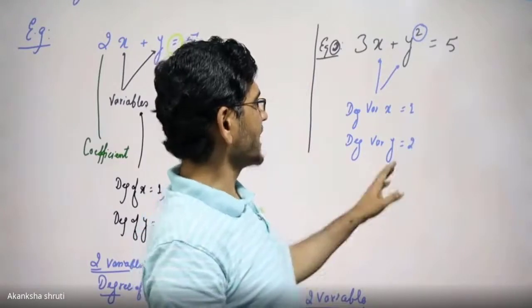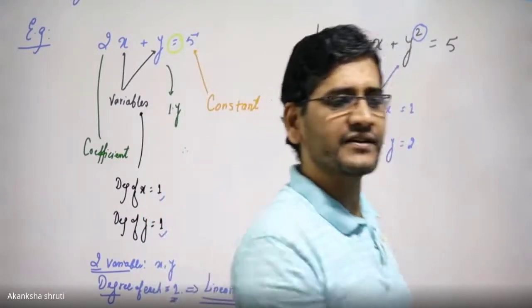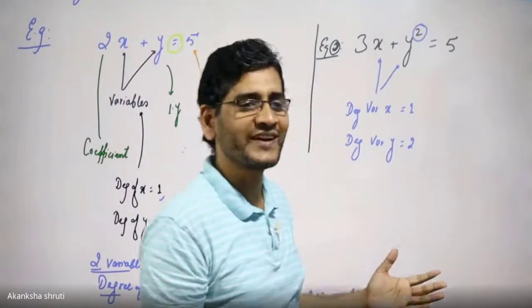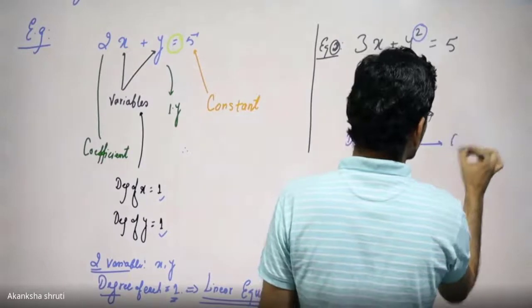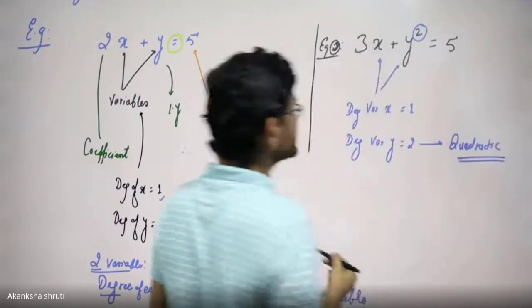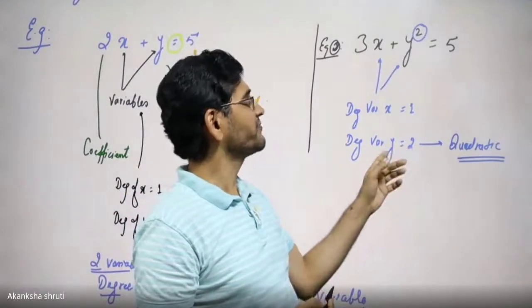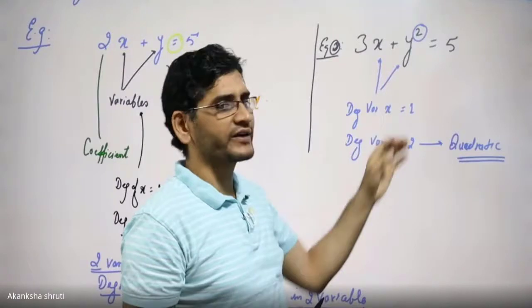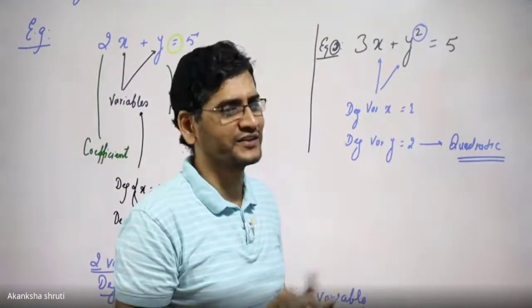Here we get that the highest power is 2. So it will no longer be linear, it is called quadratic. That we have learned in our chapter number 2. So the entire equation is decided by the highest power of the variable. So it becomes a quadratic equation in two variables rather than a linear equation in two variables.